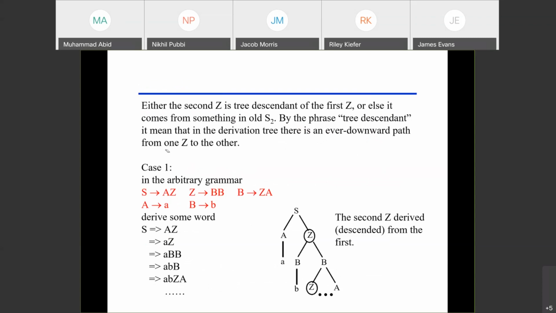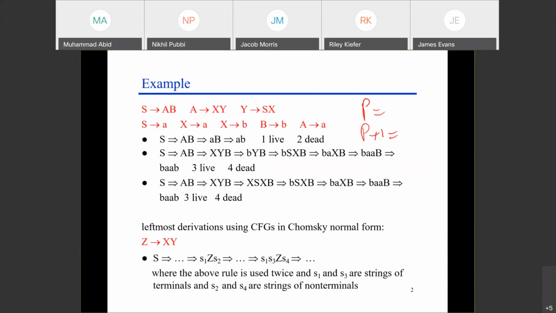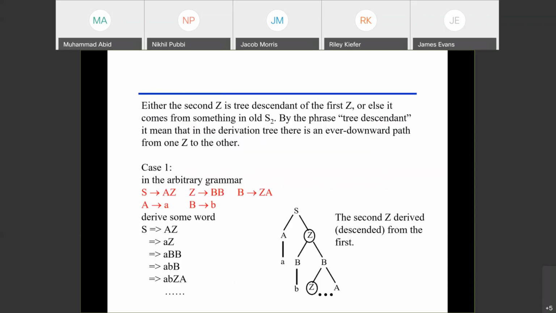Now we can see here, when Z is equal to XY, we have this thing where the above rule is used twice, and s1 and s3 are strings of terminals and s2 and s4 are the same thing. Now let's see this example.